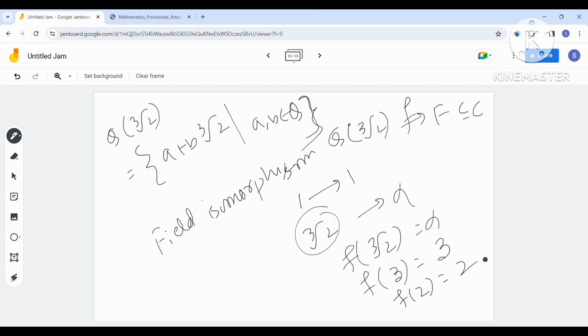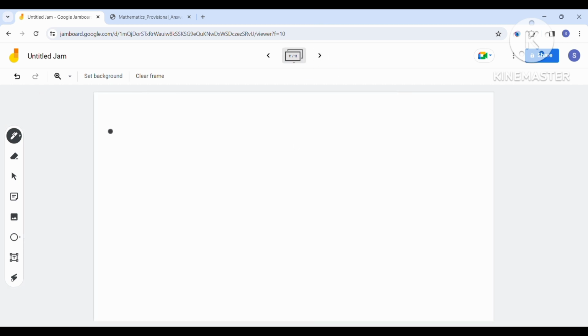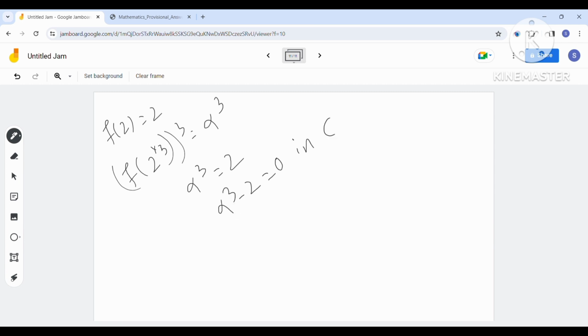That means F of 2 is 2. Okay, so F of 2 is 2, which is alpha cubed. That means alpha cubed is 2. That means alpha cubed minus 2 is 0 in C. That means alpha is a solution of x cubed minus 2 equal to 0 in C, this polynomial.